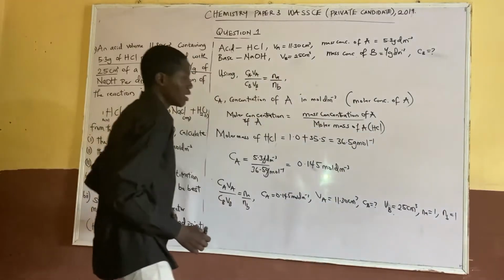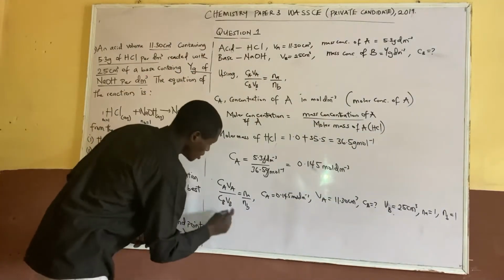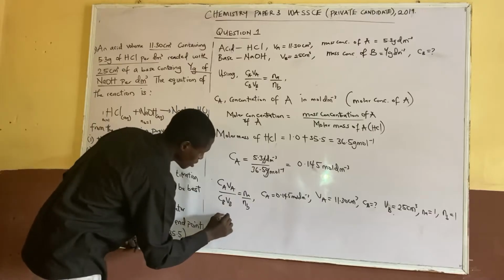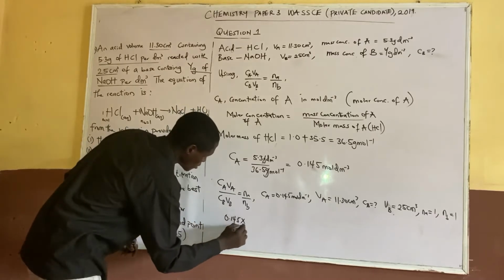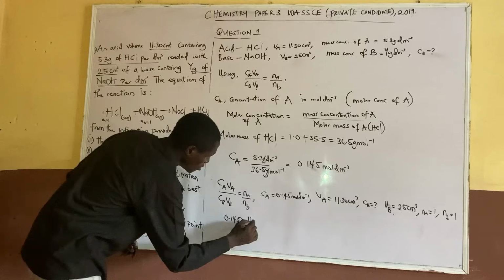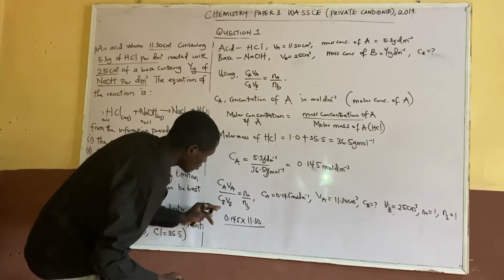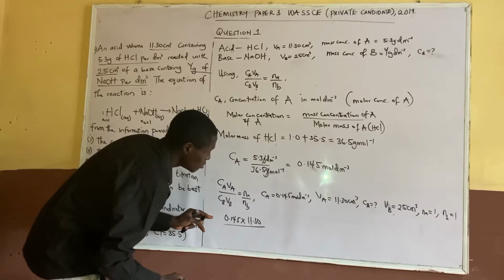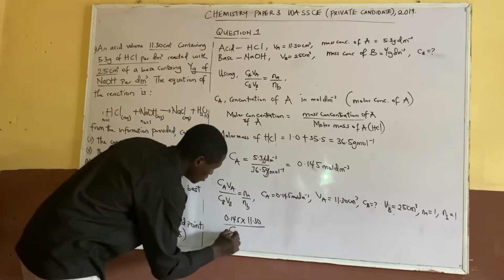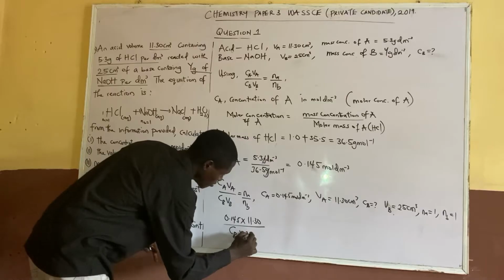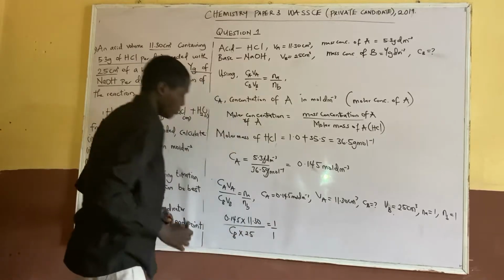So, using this formula, we have 0.145 multiplied by 11.30 all over CB VB. CB is unknown, VB is 25, and the ratio is 1 over 1.